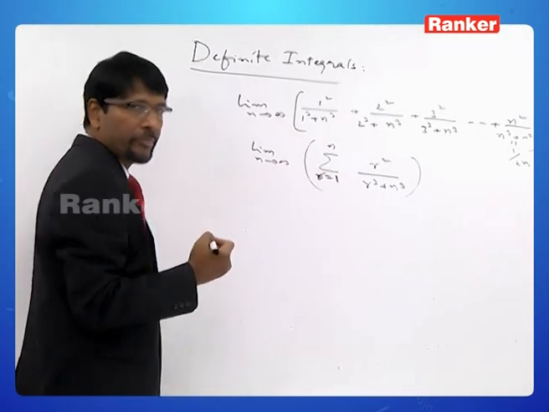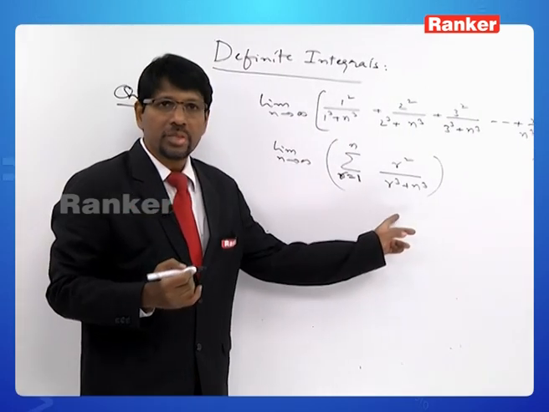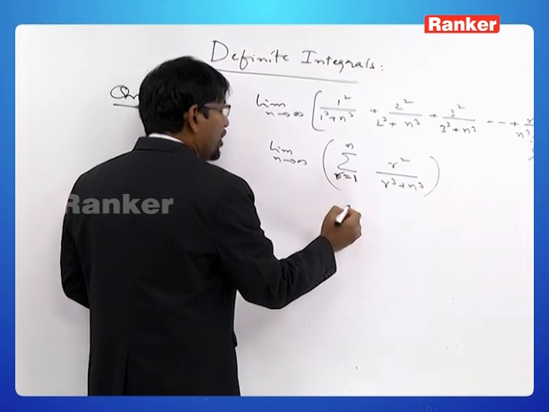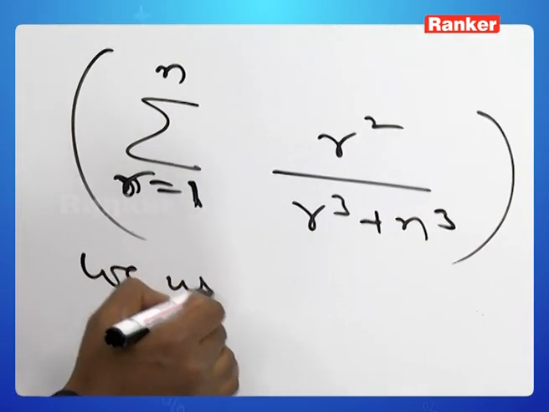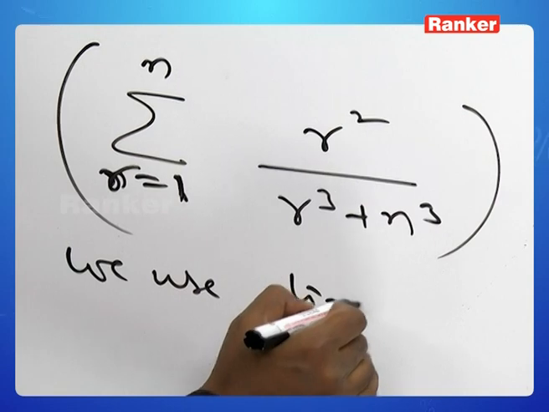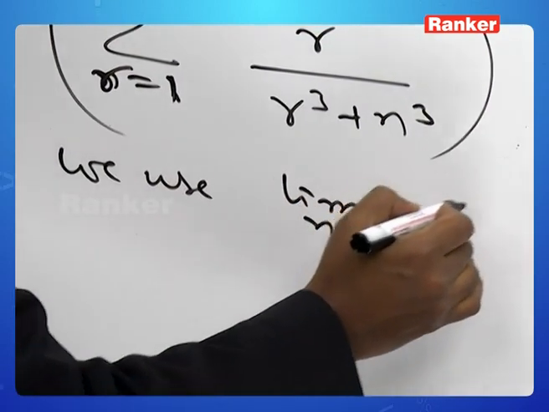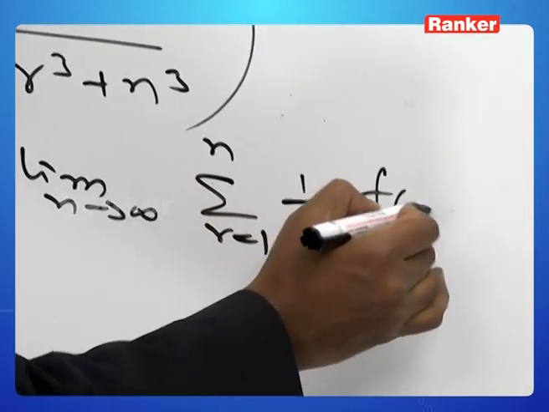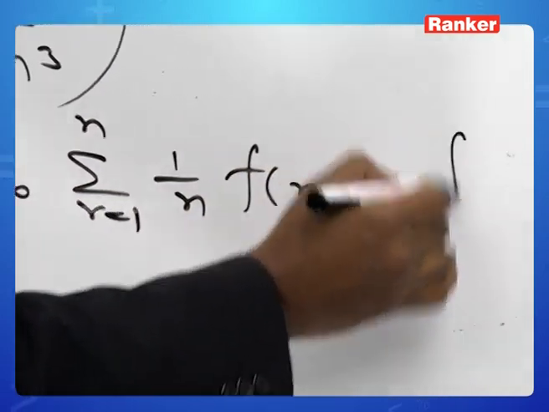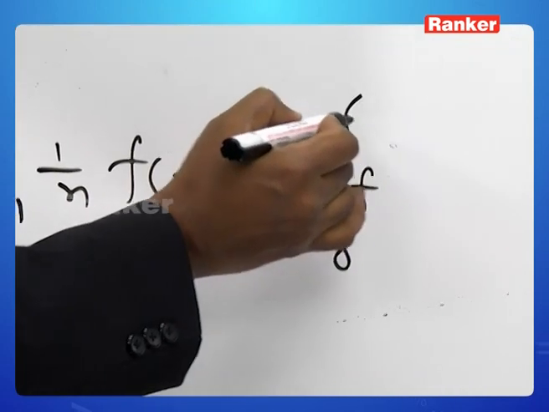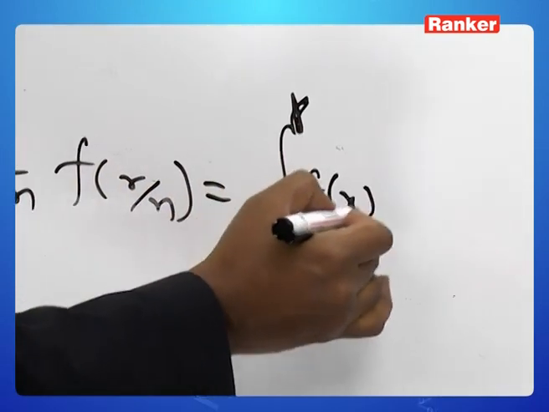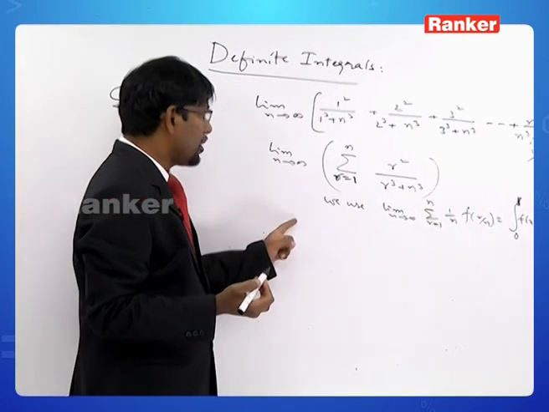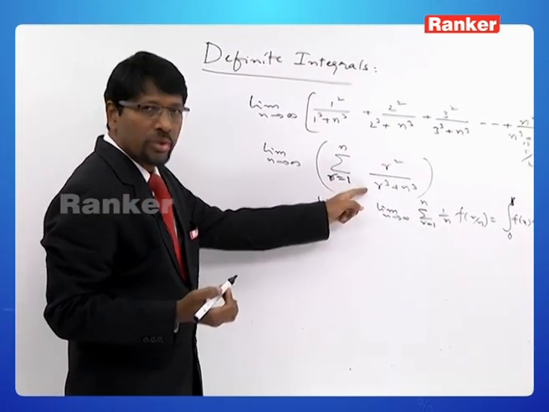Sigma r ranging from 1 to n, and limit n tends to infinity. So again we have to bring it into the standard format. We use limit n tends to infinity, sigma r ranging from 1 to n of 1 by n into f of r by n, which is the integral 0 to 1 of f of x dx. So let's see how we can transform it into that form.